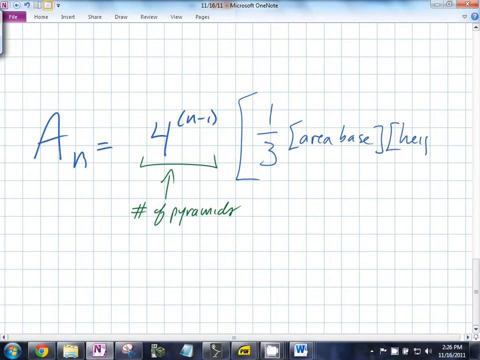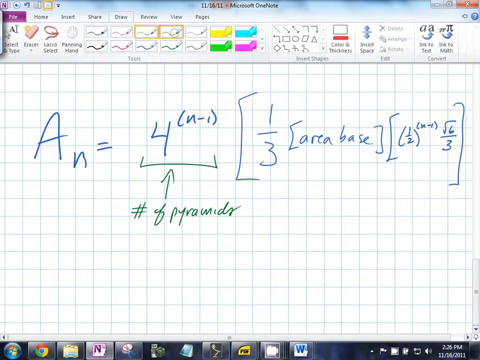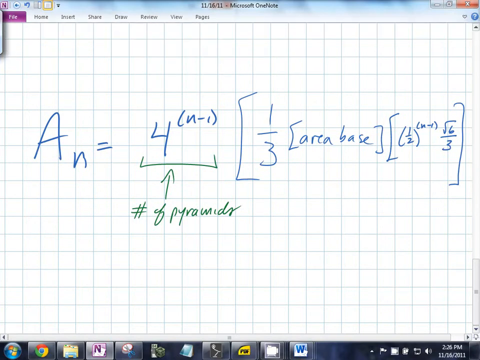Yeah, we do have the height. We just wrote it, didn't we? Absolutely. So this right here is the height of one small pyramid.